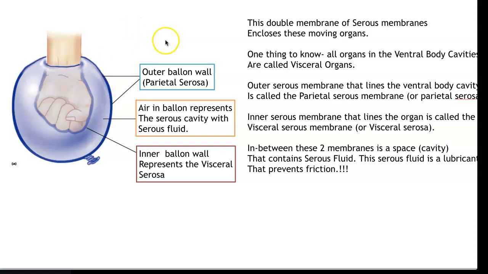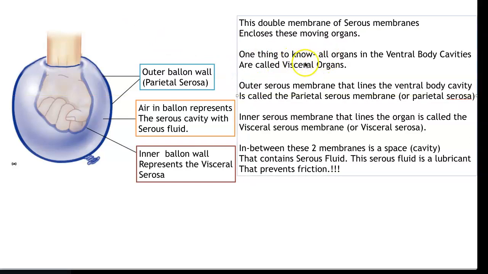One thing you need to know, all organs in the ventral body cavities are called visceral organs. So any organ in a ventral body cavity is, quote, a visceral organ. Just get that out of the way.